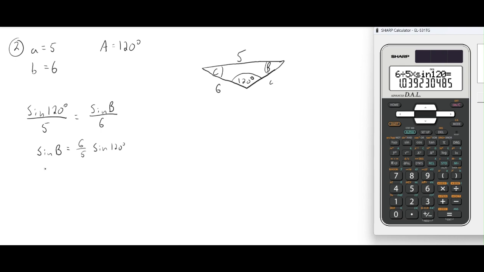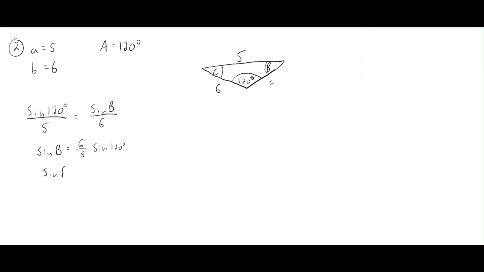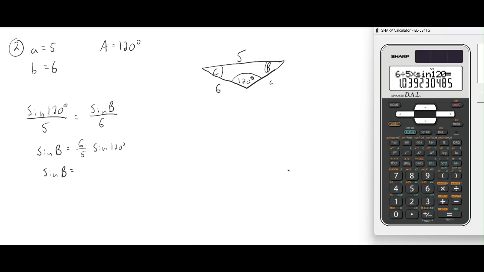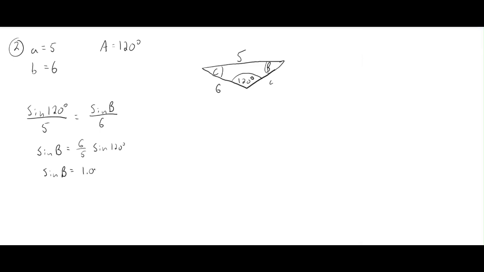So basically sine B is supposed to be 1.039 approximately. I didn't write down all those numbers. And this can't be true. That means there are no triangles like this.